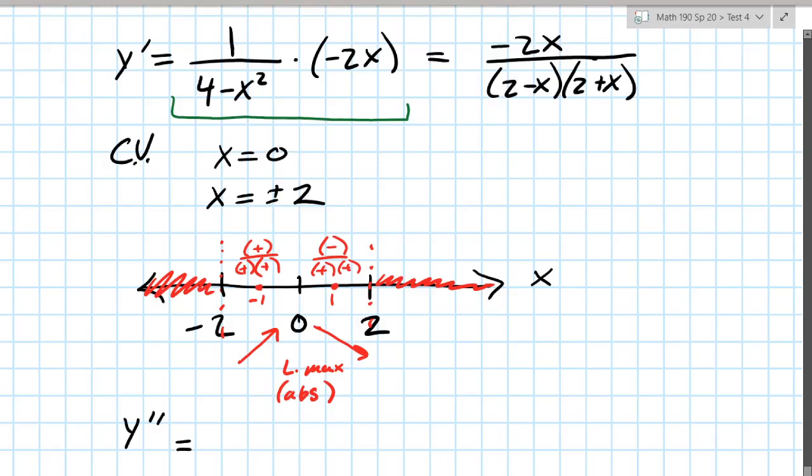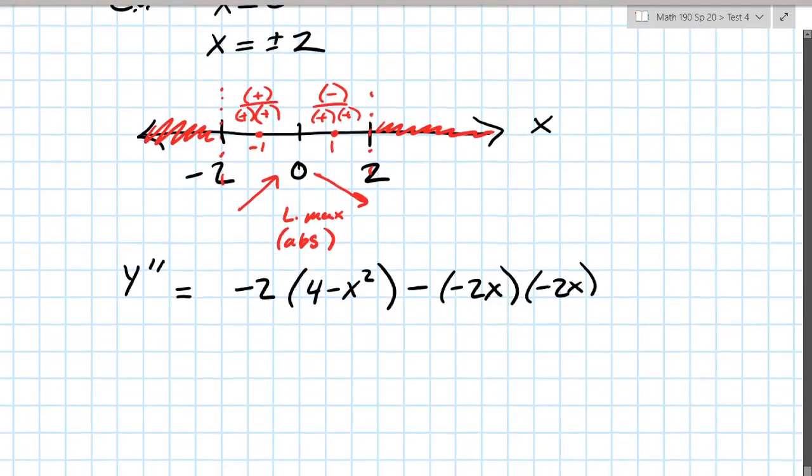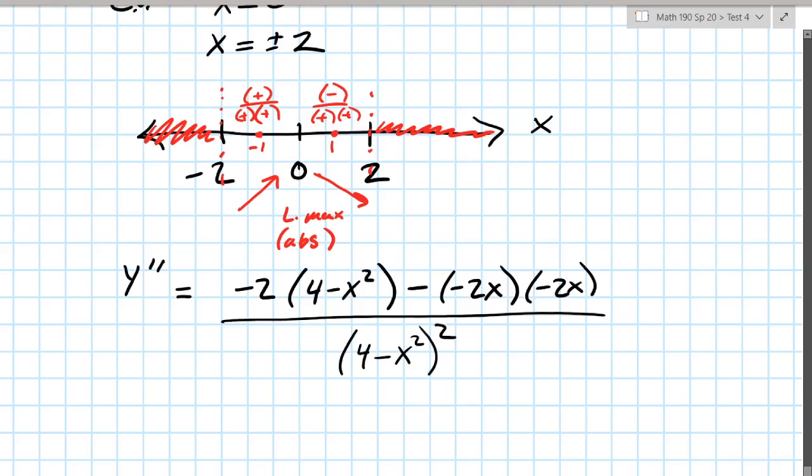I'd rather do a power rule. So derivative of the top times the bottom minus the derivative of the bottom times the top, all over the bottom squared.